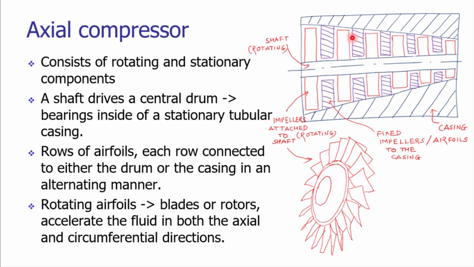Thus in this way the axial compressor works, and it is widely used in the industry. The construction of the axial compressor is quite complex, and it requires many mechanical and rotating elements. The cost of the axial compressor is quite high, but it gives high volume with high pressure.